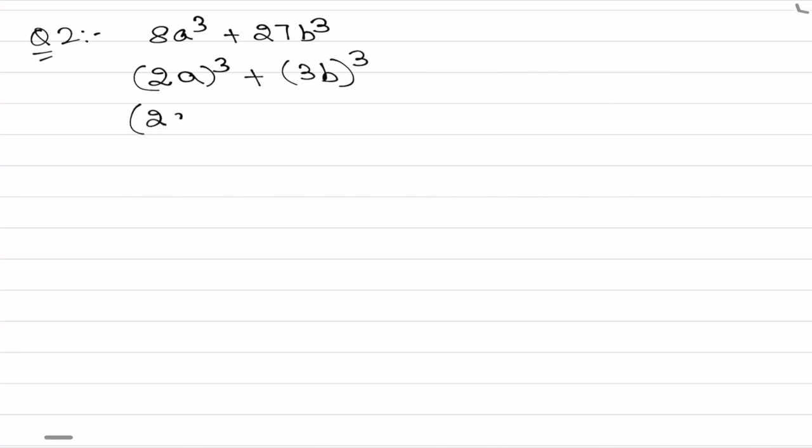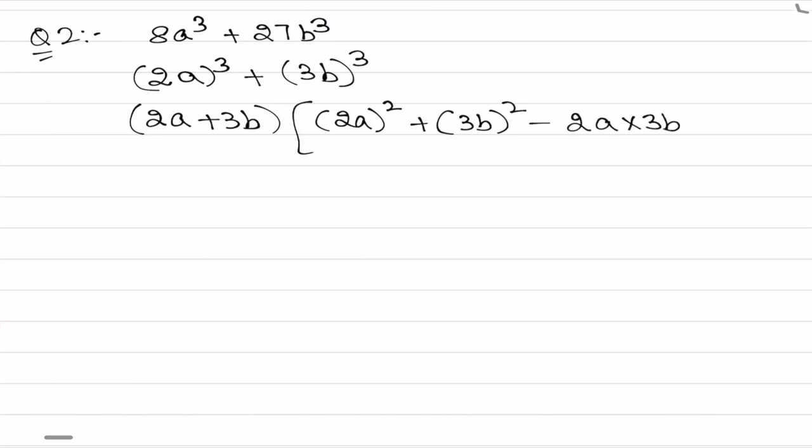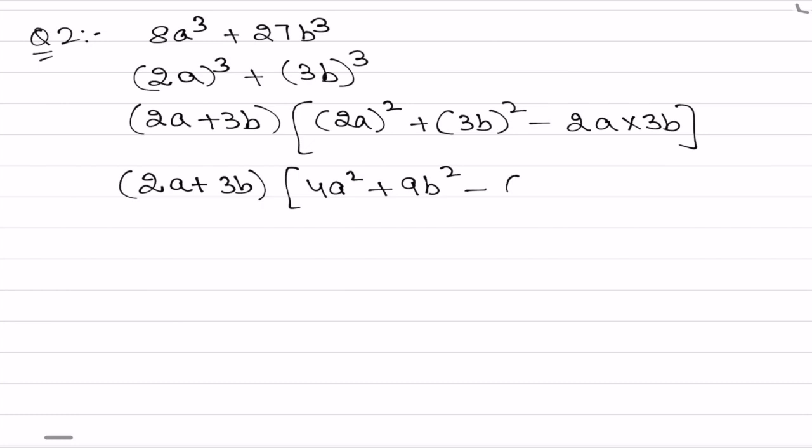So that is 2a plus 3b into 2a whole square plus 3b whole square minus 2a into 3b. So the first factor is 2a plus 3b, into 4a square plus 9b square minus 6ab. So these two are the factors of the given expression.